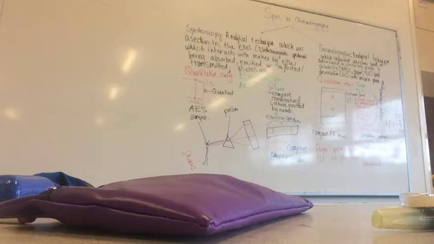Organic compounds. So UV visible is organic compounds, and what absorbs in the visible part of the electromagnetic spectrum?